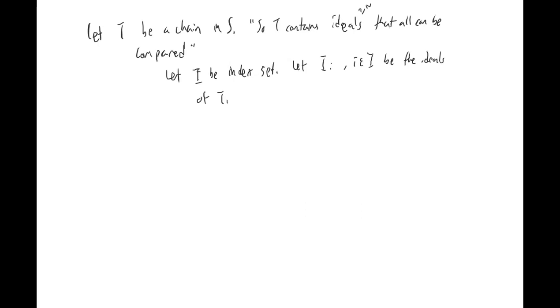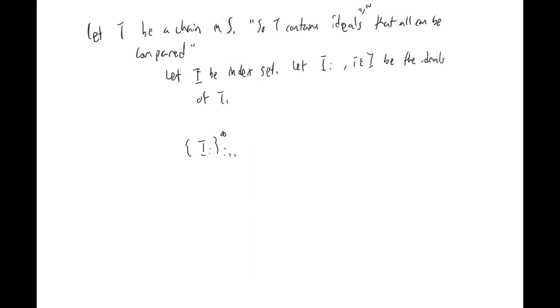For example, if it was like the integers, then I could write it out as i equals 1 to infinity, right? It's like I1, I2, I3, I4. But what if it's infinite like the real numbers? I can't write that out.